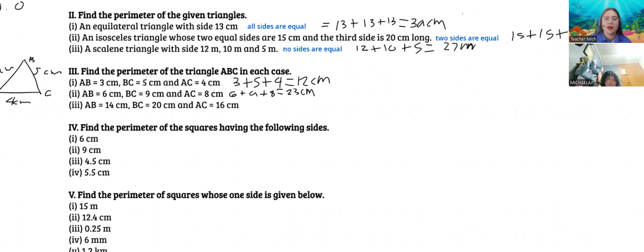And then the last one, 14 cm, 20 cm, and then 16 cm.